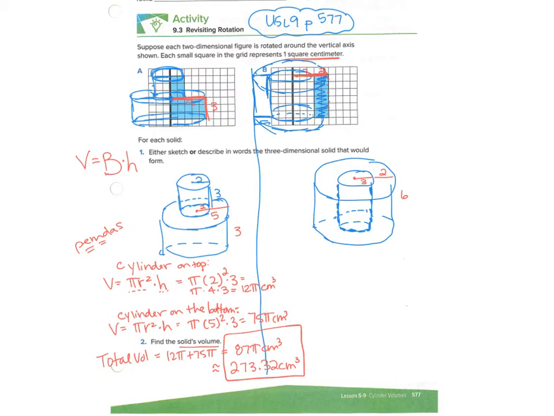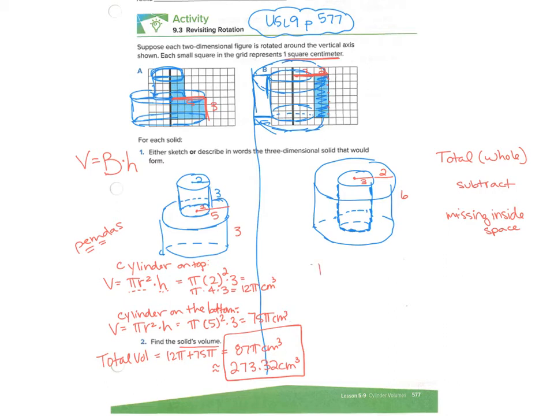If I could find the volume of the whole thing, I would subtract out the missing inside space. So I need to find the total, or the whole cylinder, and I need to subtract out that empty space inside. So let's try that.